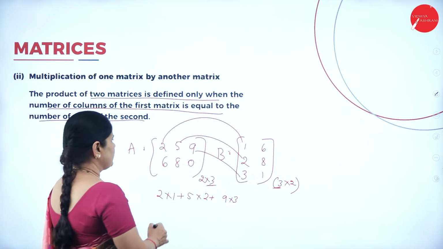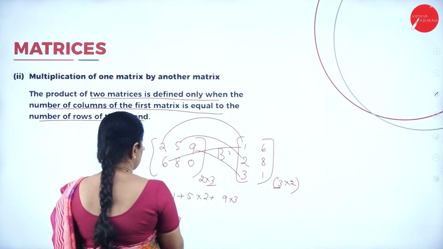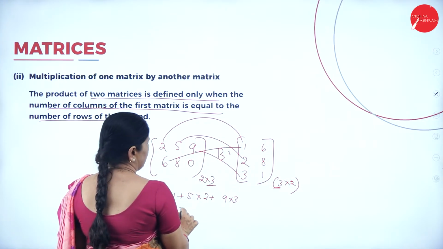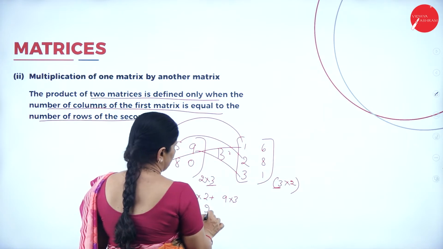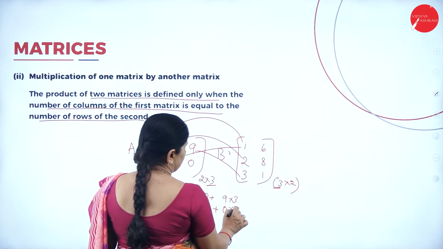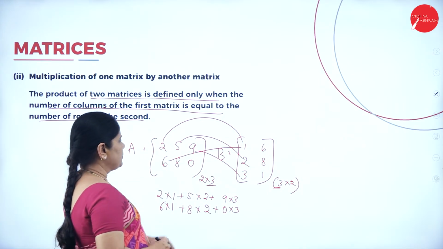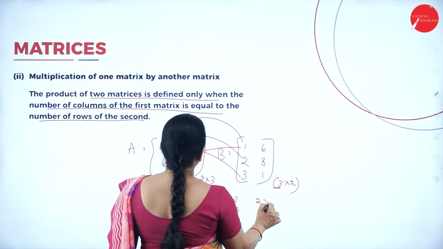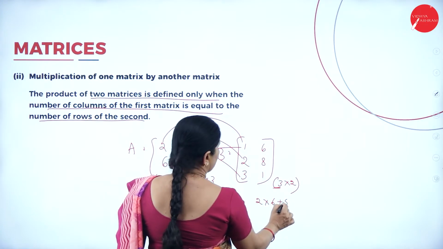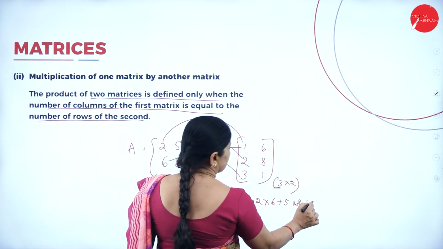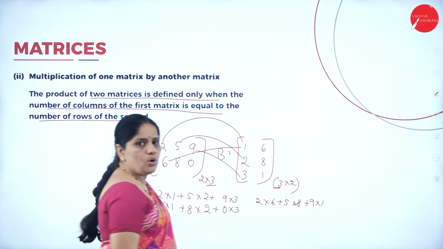Then the next one will be 6 into 1 plus 8 into 2 plus 0 into 3. Now again the same process, 2 into 6 plus 5 into 8 plus 9 into 1.